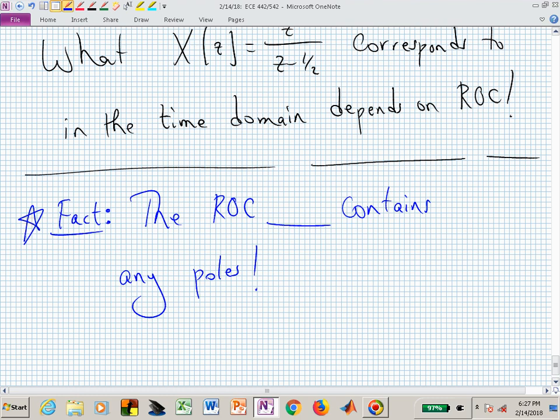What goes in the blank? Always, sometimes, never, it depends. What word are we looking for? We never, never, never, never, never have poles in our region of convergence. The region of convergence never contains any poles. That's a fact. And we can take that to the bank, can't we?